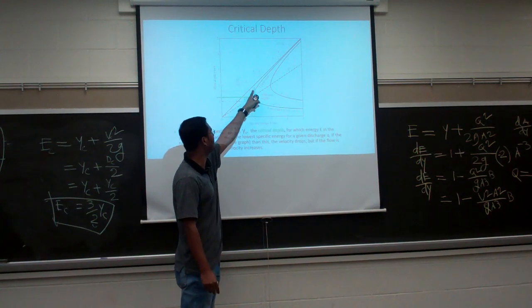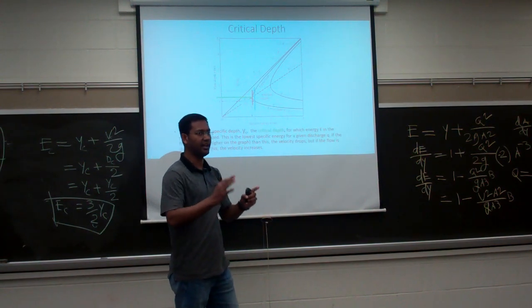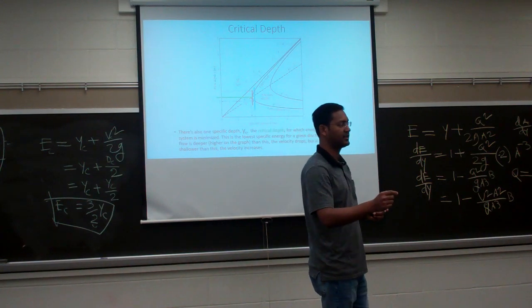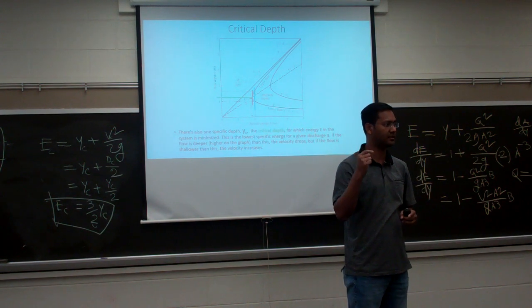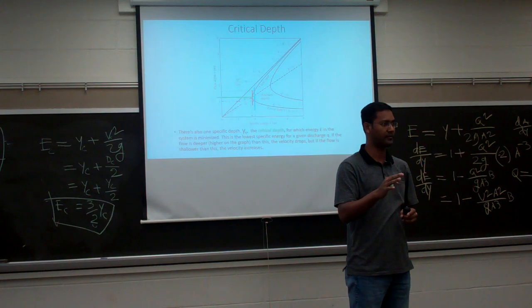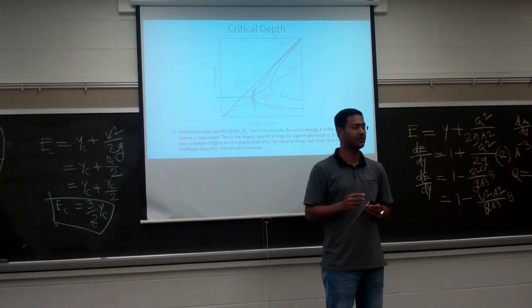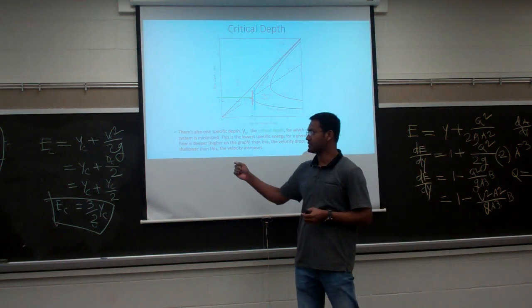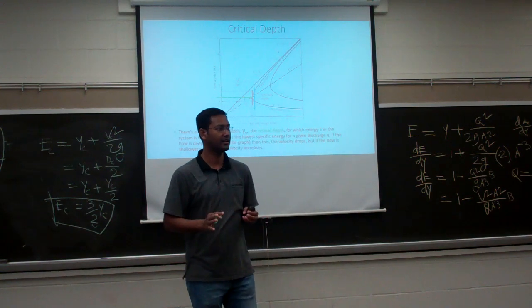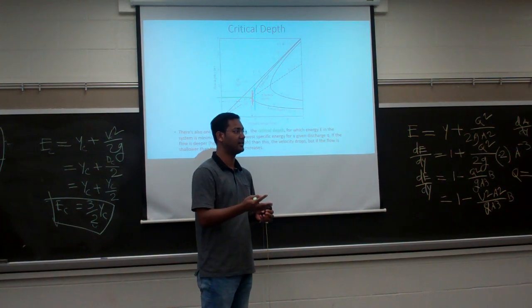We have seen in the last class, right? So any depth which is lower than the critical depth, the flow will be supercritical. And any depth which is higher than or larger than the critical depth, the flow will be subcritical. So that's why it is necessary to know whether the flow is critical or not, or what will be the critical depth.